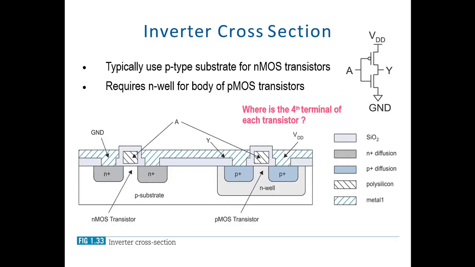So let's look at an inverter circuit in some more detail. As you know, in the inverter circuit, this is the PMOS, this is the NMOS. Here you have your input, here you have your output.